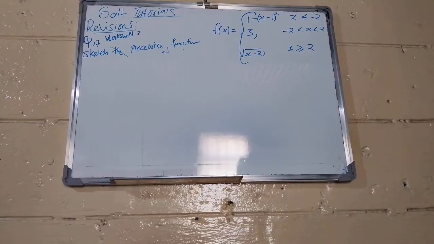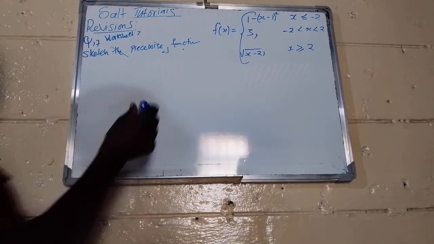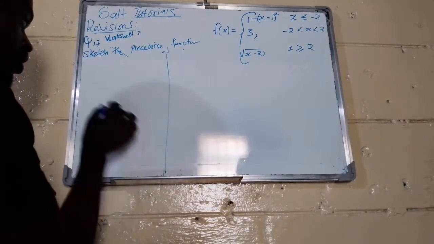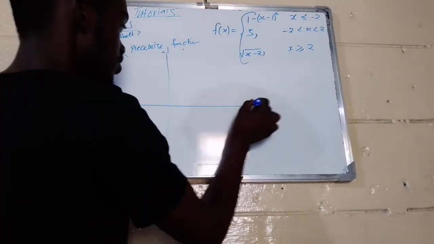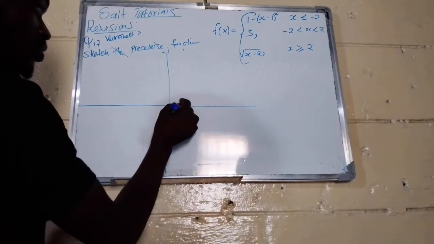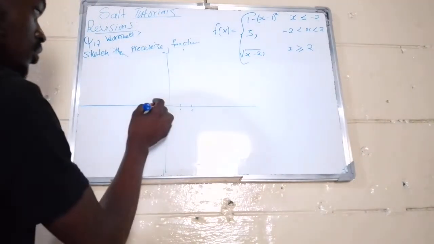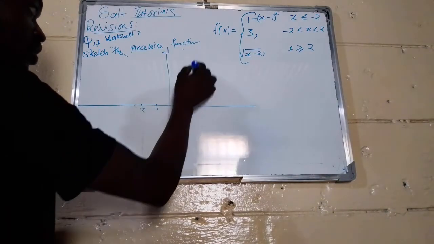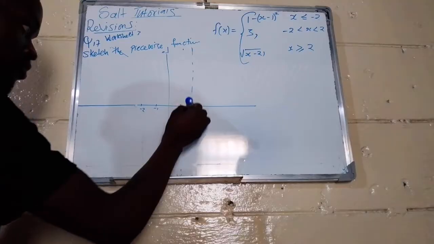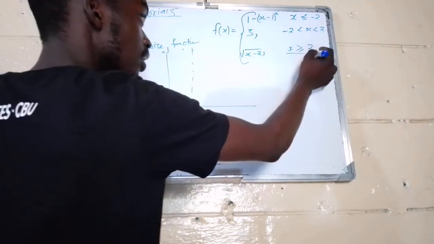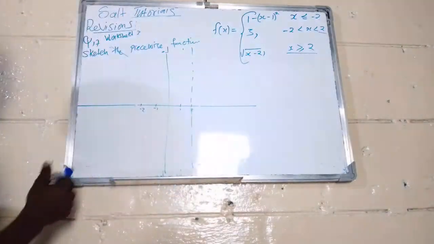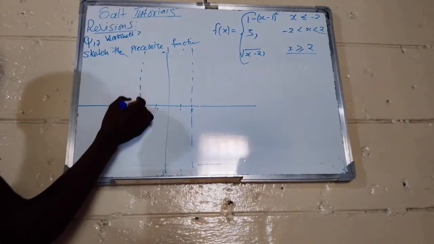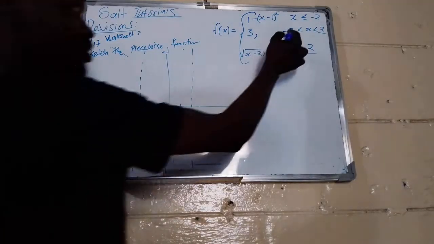It means that in your Cartesian plane, you will draw your demarcation at those points. This is 1, this is 2. This is negative 1, this is negative 2. So the first boundary will be at x equals 2, and the other one is at x equals negative 2.